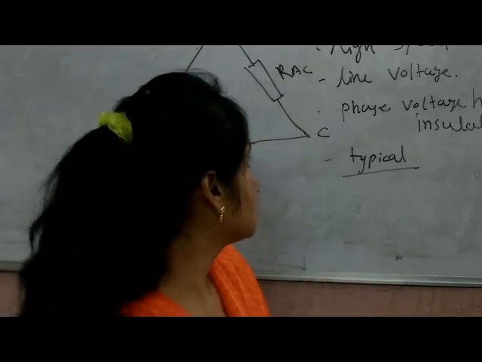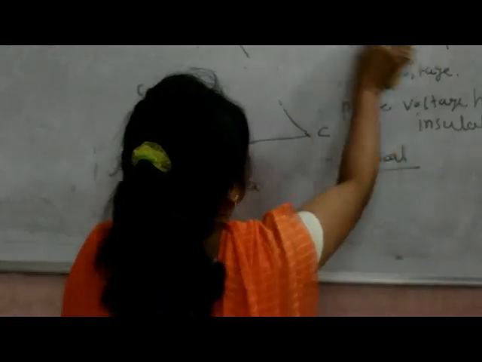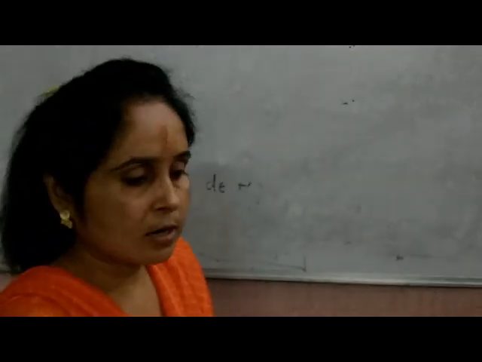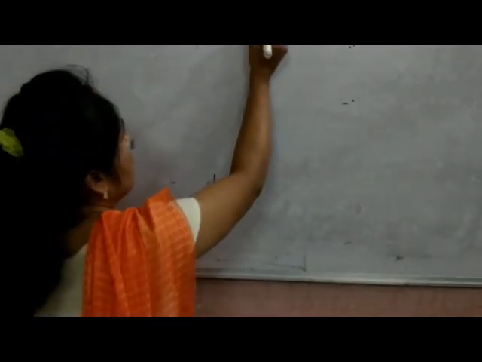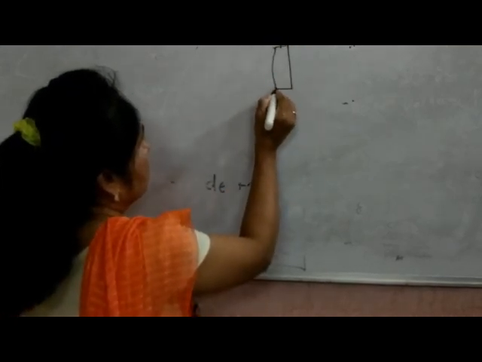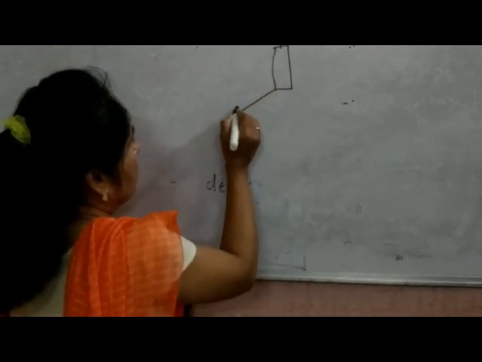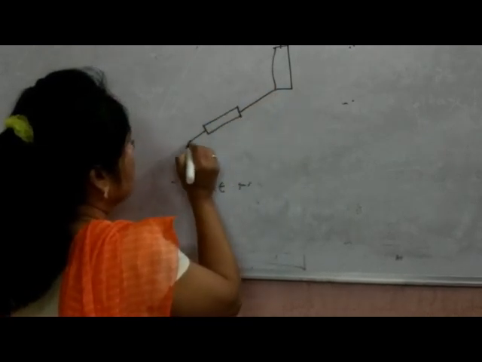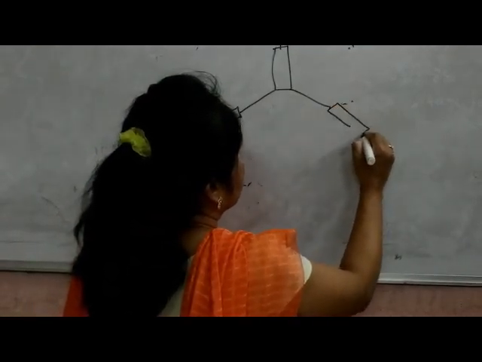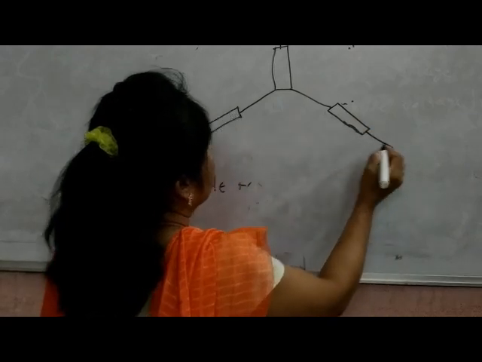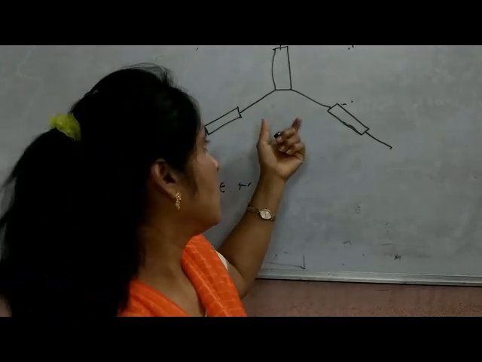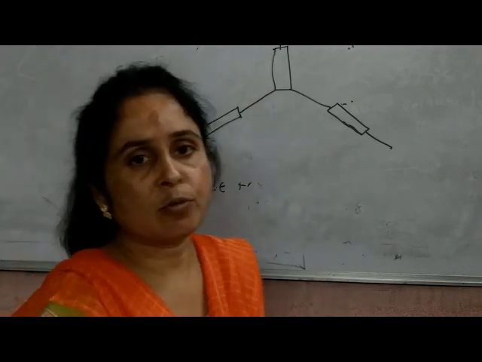Secondly, we have to discuss the star connections. In a star connection, the structure is star-like. This is the star connection. We find a single form, where each side is not connected to another side.